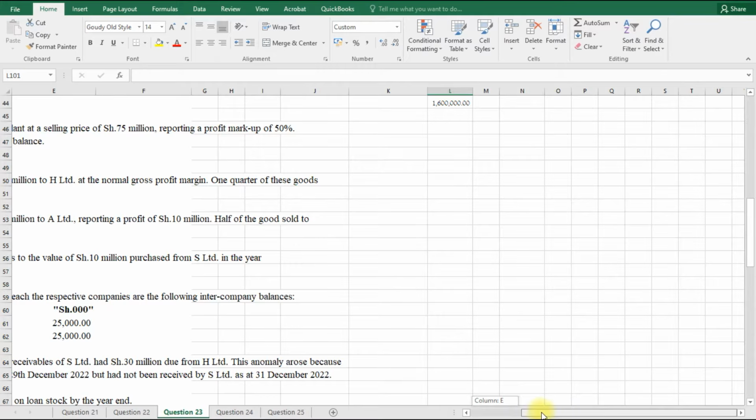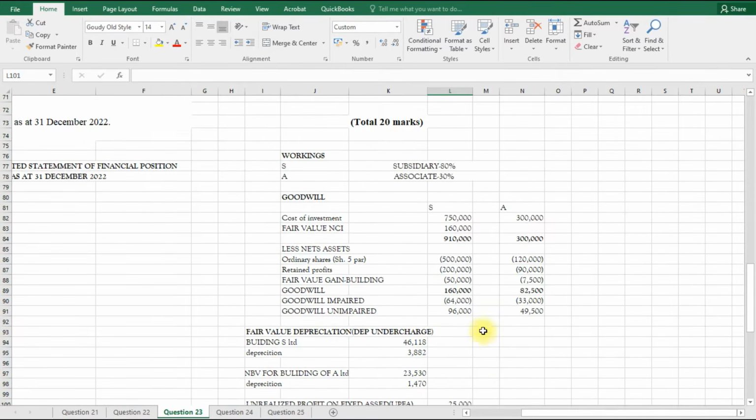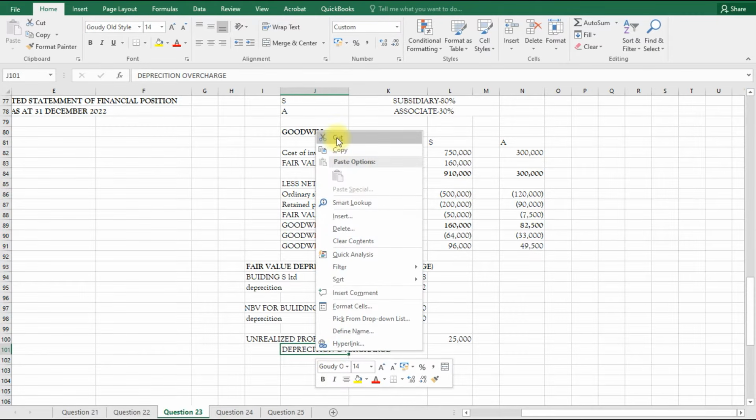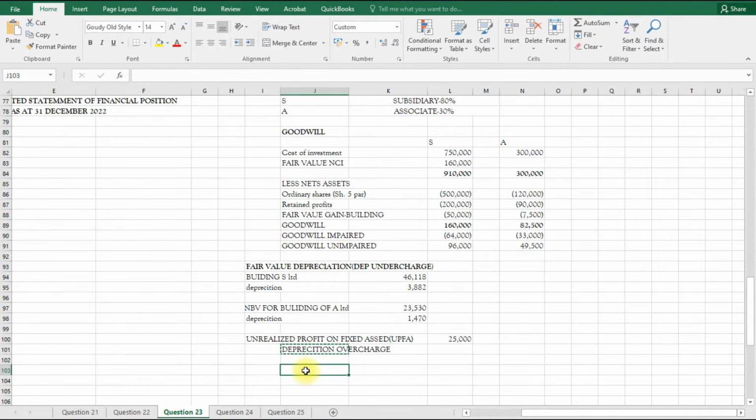So the first thing we shall calculate is the net book value here, before we calculate our depreciation undercharge. Let me just cut this and paste it here. Here we first calculate net book value, NBV.